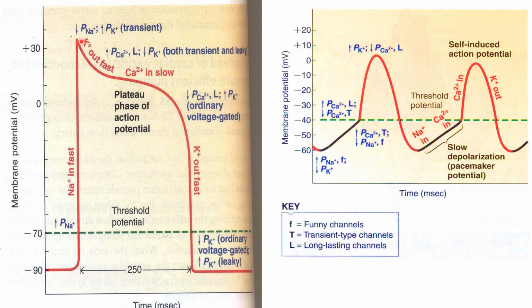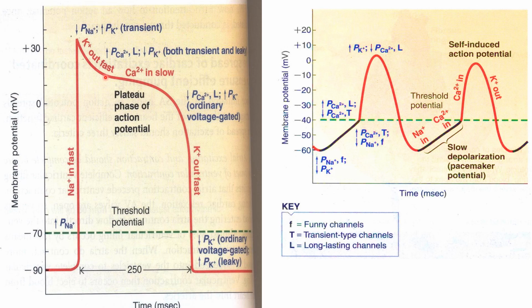You have a spike here, and after that there is phase 1. Phase 1 forms the spike in the ventricular action potential, and here there is no spike. You can say after phase 0, phase 1 and 2 are not present in this action potential.